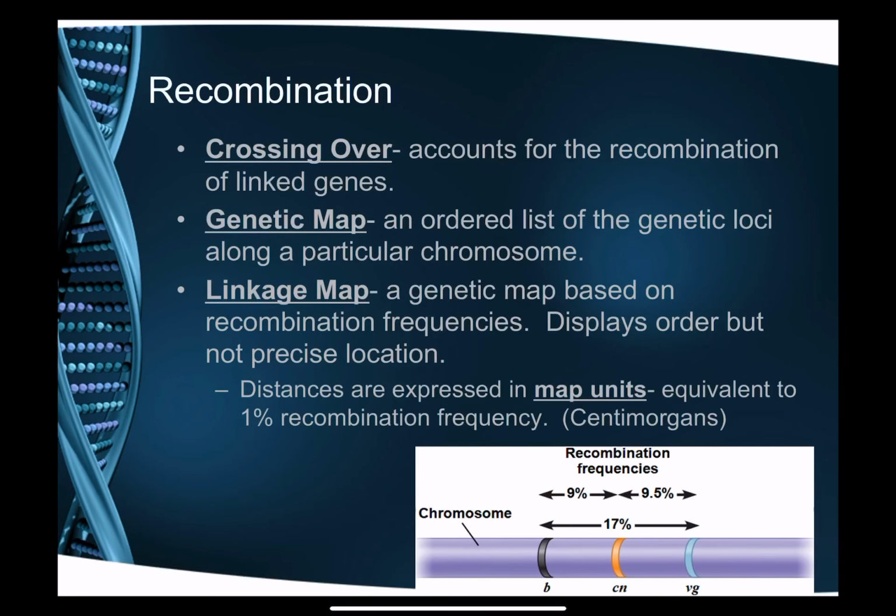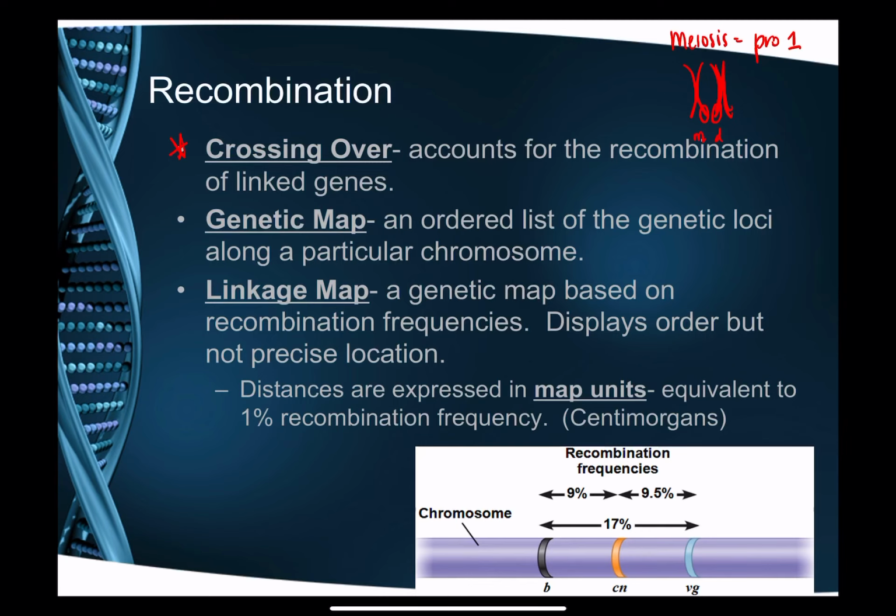So what causes that? Well, recombination is caused by crossing over. Remember, crossing over happens during meiosis. It happens during prophase 1 of meiosis. Crossing over is when you have two sets of chromosomes, homologous chromosomes, one from each parent. So this is mom and this is dad.